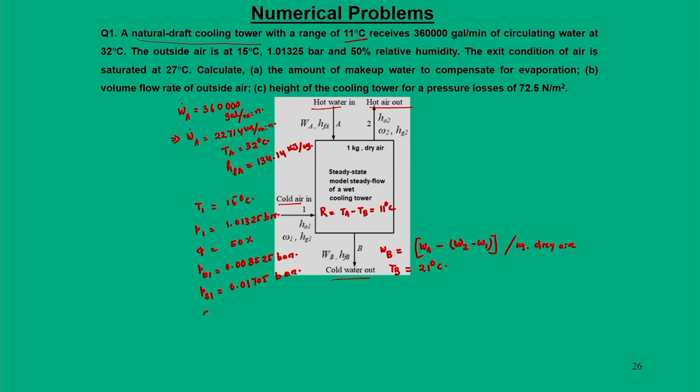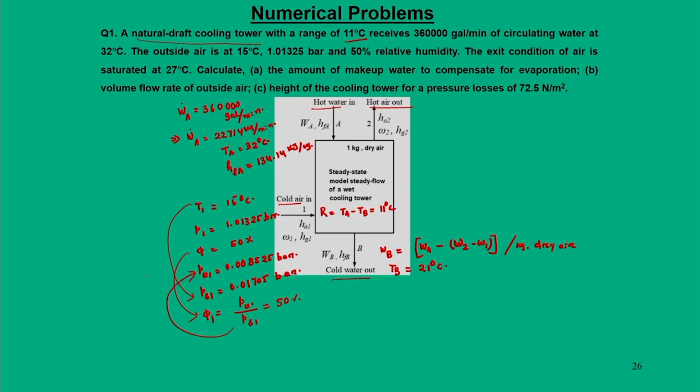Because we have phi, we can take phi as PV1 by PS1. So, phi is given here. PS1 we can get from T1 using the steam table, and phi is 50%. So, this will give you PV1.